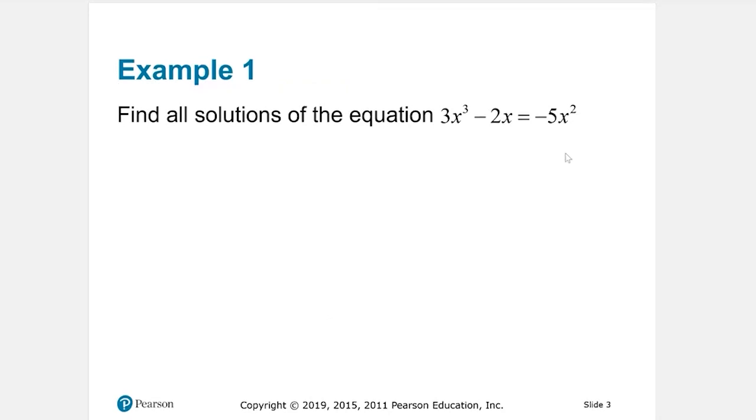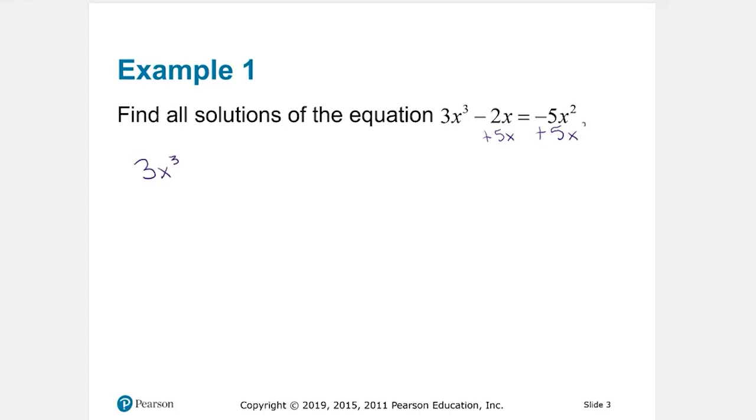So example 1, we want to find solutions to this equation. But remember, as I said before, we always have to make it equal to 0. So I'm going to add 5x to both sides. And what that will give me is 3x to the third.